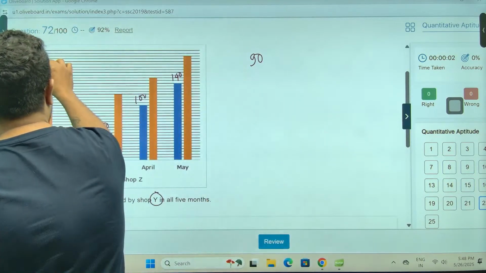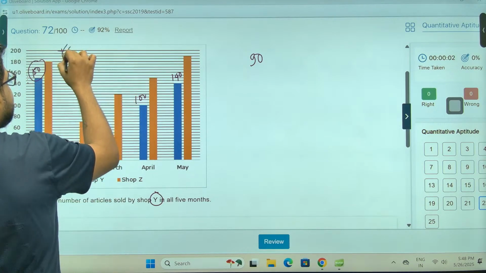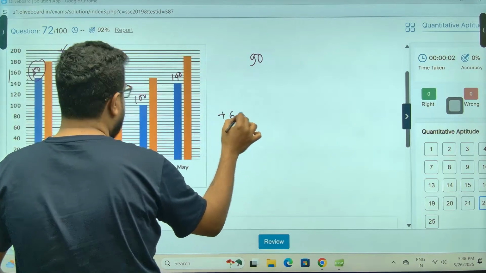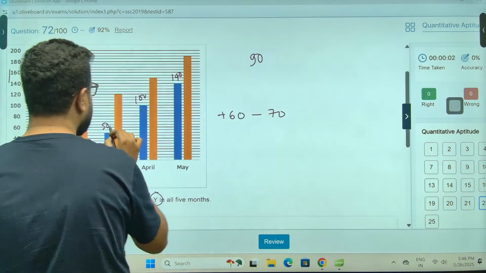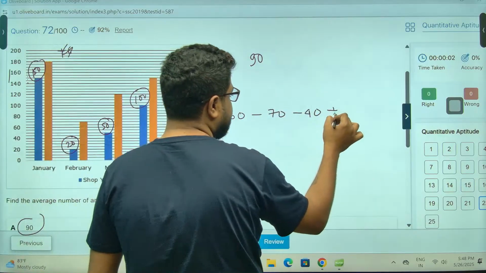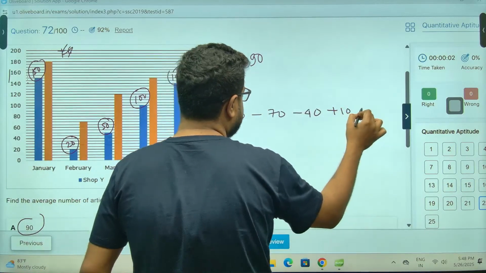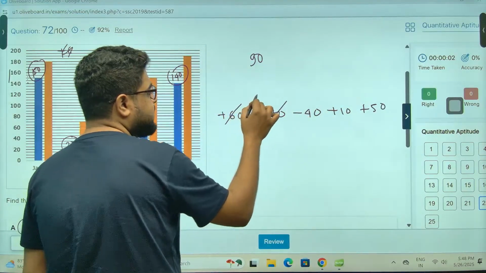Sir, 150. How much more? Deviations: I'm writing plus 60. 20 is how much less than 90, sir? Minus 70. 50, sir? Minus 40. 100, sir? Plus 10. 140, sir? Plus 50. Sir, minus 70, this is minus 10.